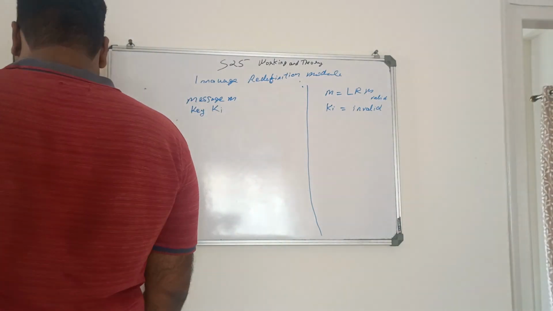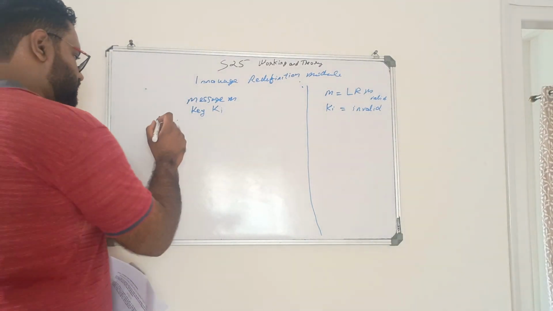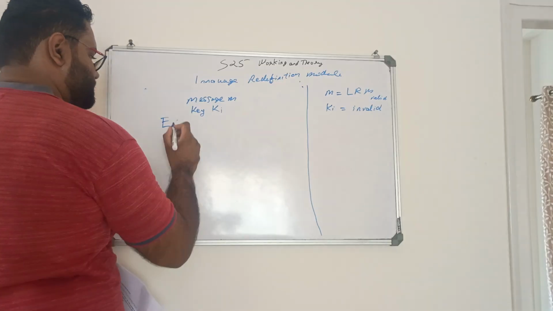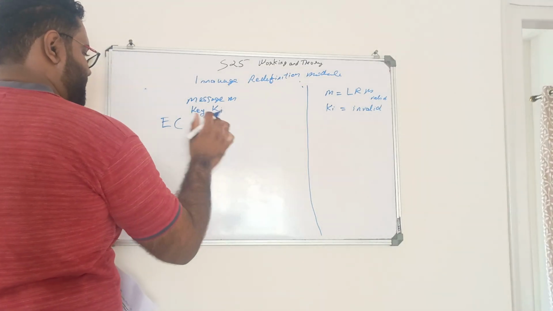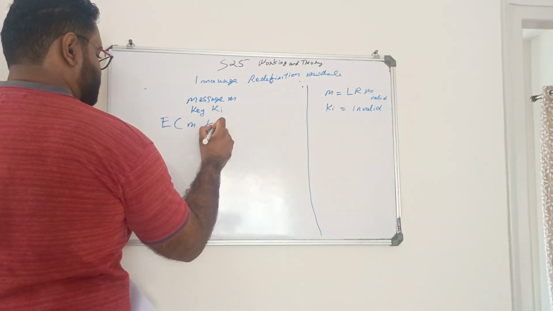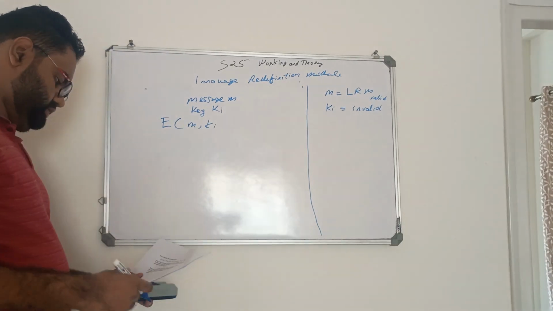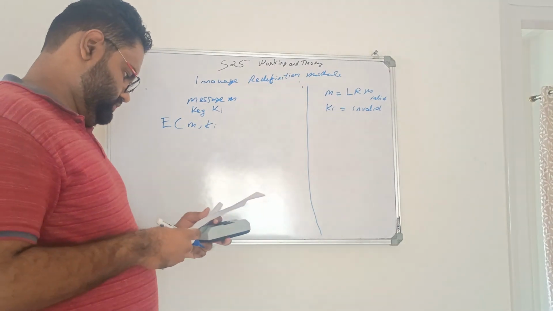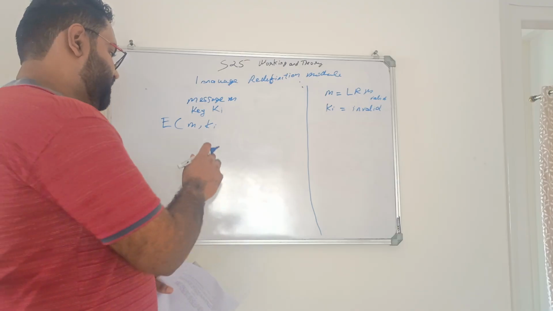Now we are going to look at an encryption module called E between M and Km.